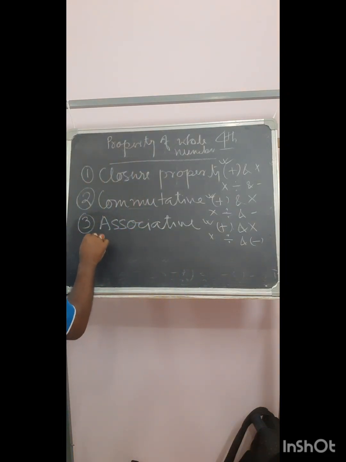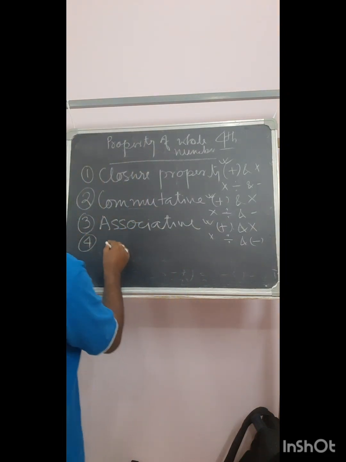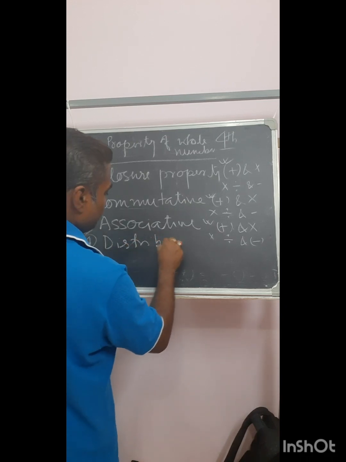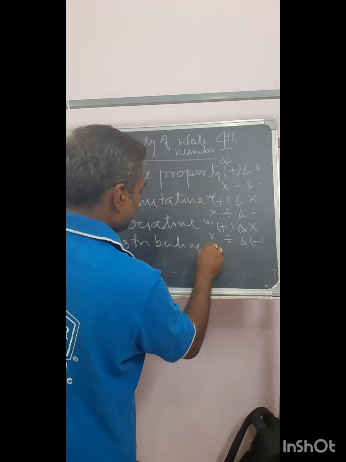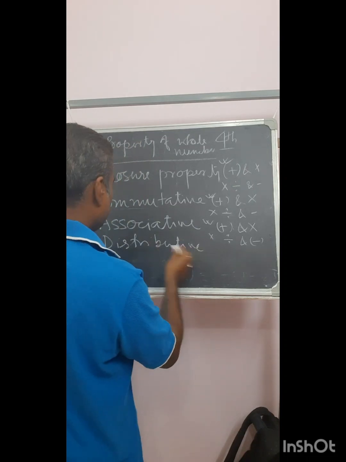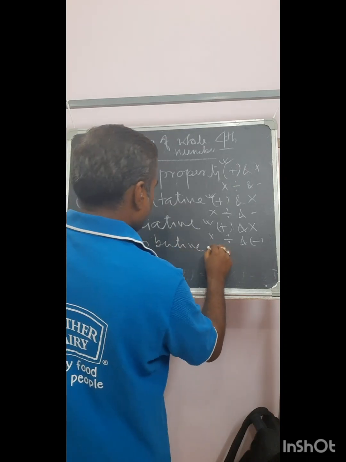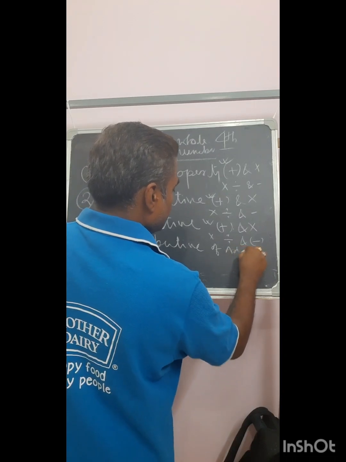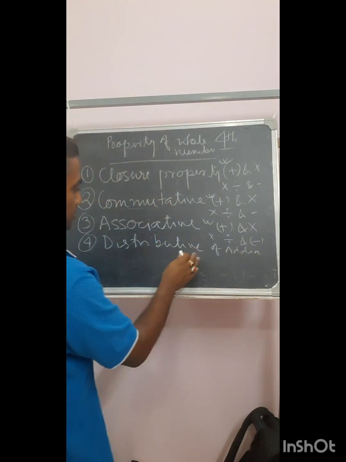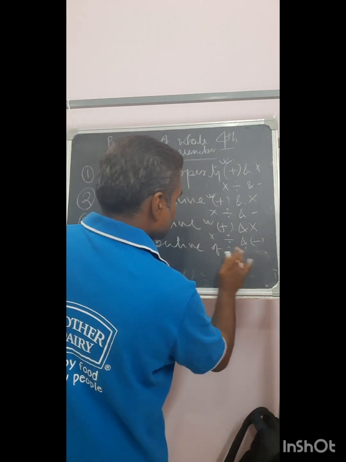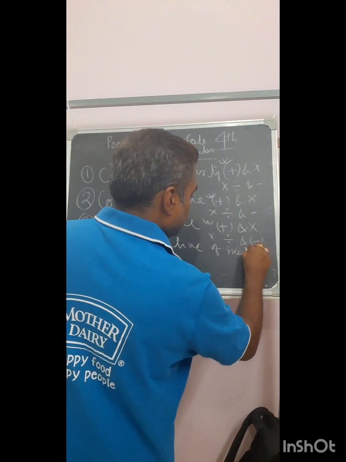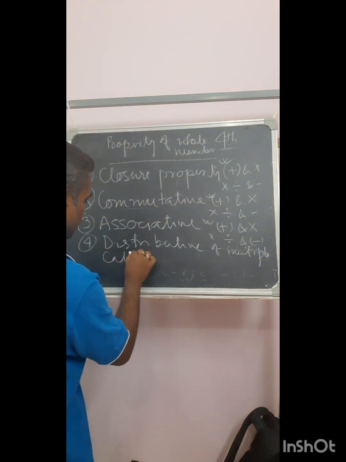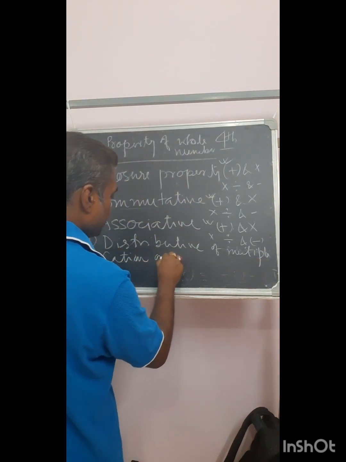The fourth rule comes: distributive. Distributive. This is a specific combination: distributive law of multiplication on addition.